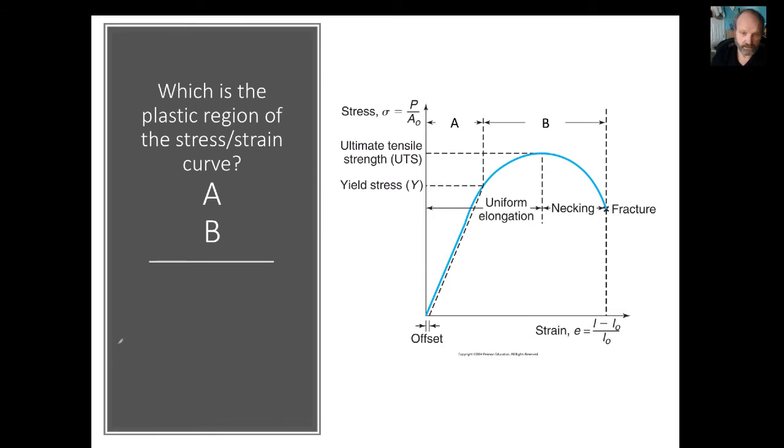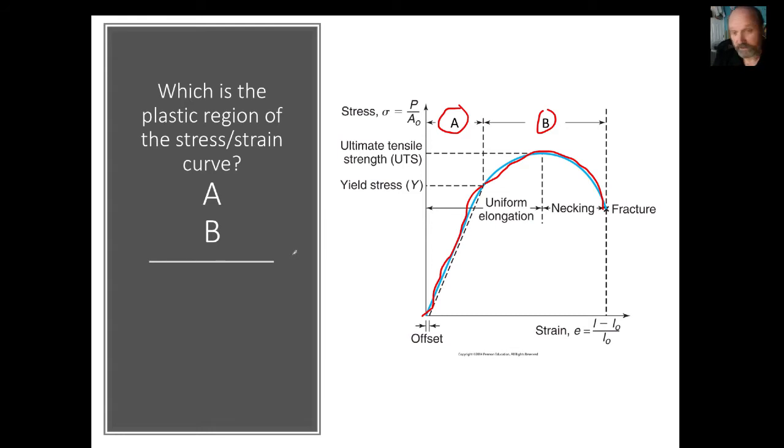The plastic region is what we're looking for. Is it A, or is it this portion, B? Is it this part of the curve, or this part of the curve? Which is the plastic region? I'll give you a couple seconds. You can pause and think about it.